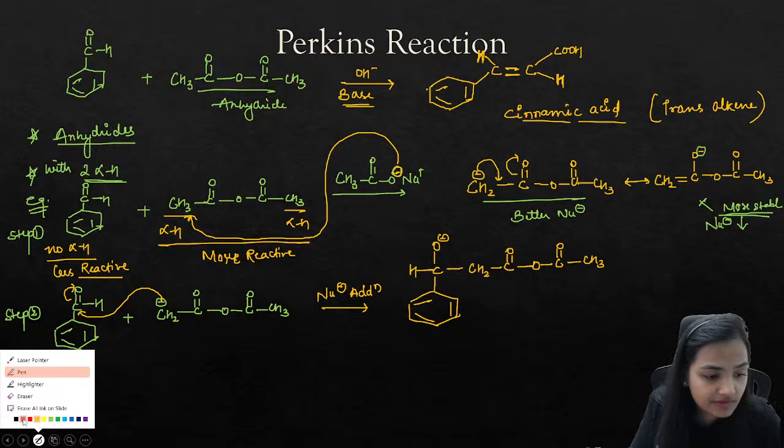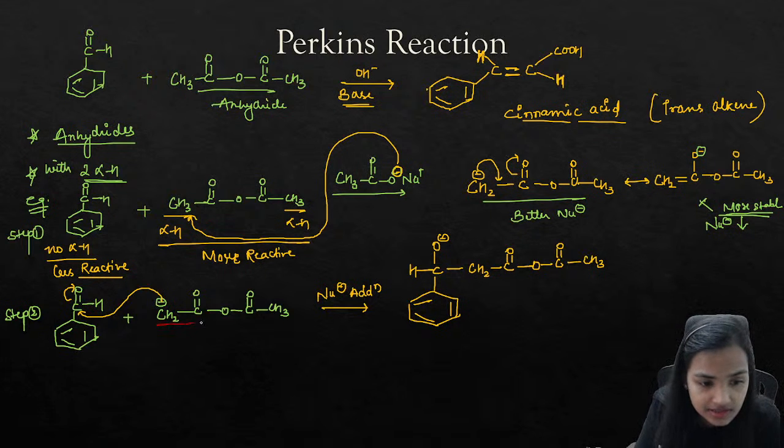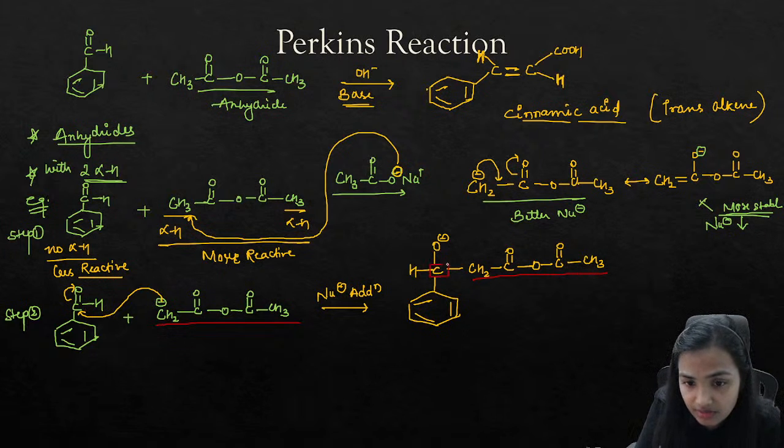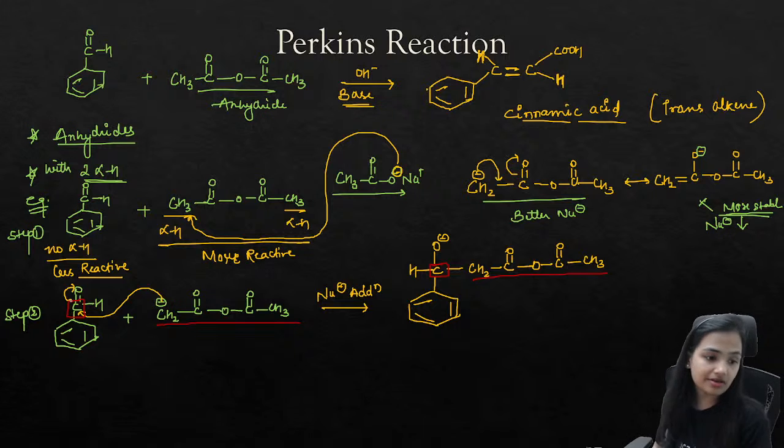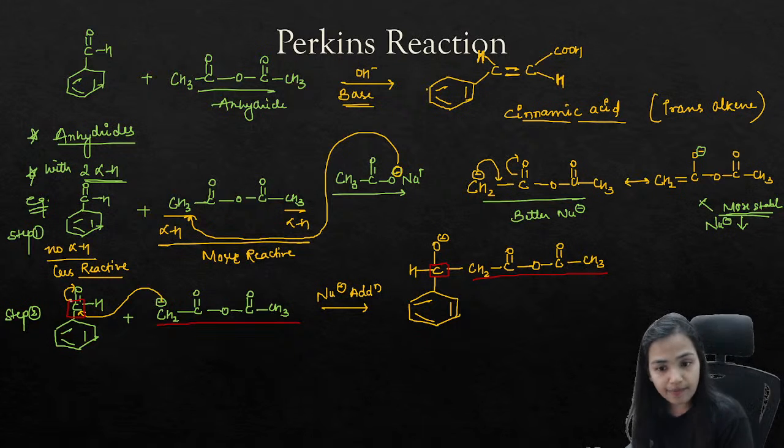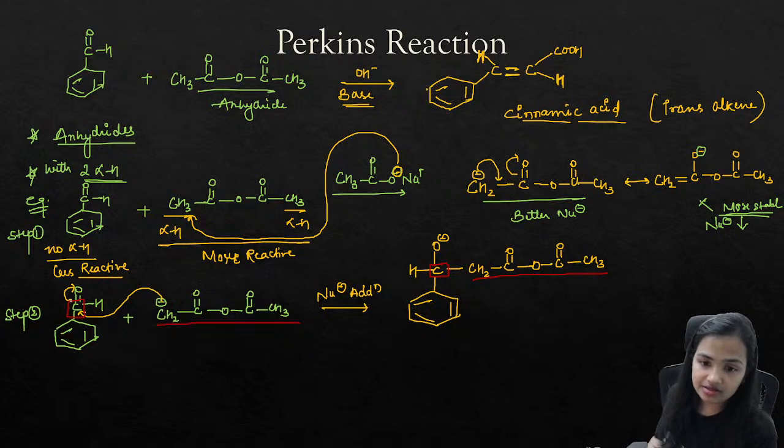Now let's have a look. This is a nucleophile which is attacking, and here we have the carbonyl center. So this nucleophile is attacking this particular carbonyl center. Is this clear? The nucleophilic addition mechanism has happened.